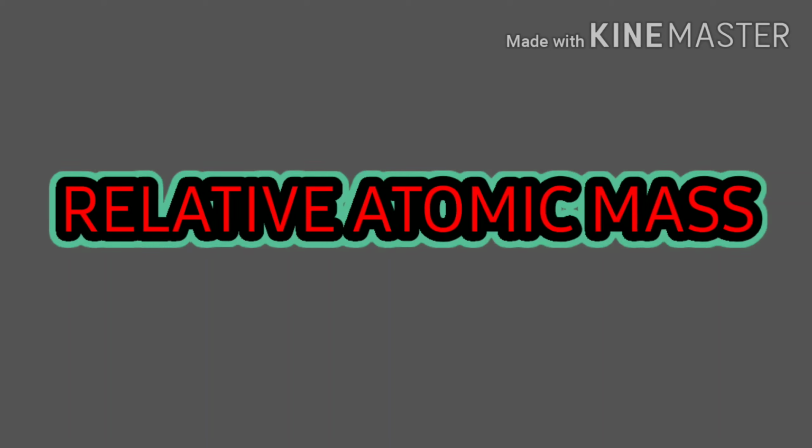To find the mass of an element, the scientist John Dalton first proposed that the mass of other elements can be calculated by comparing with the lightest element, hydrogen. That means we can calculate the relative atomic mass of any atom by comparing with hydrogen.